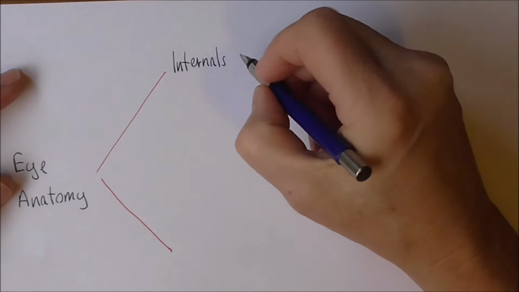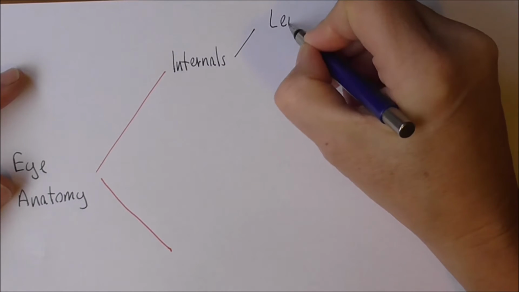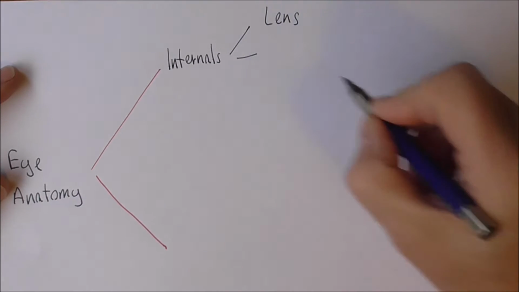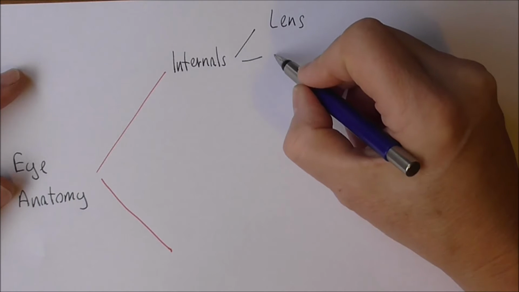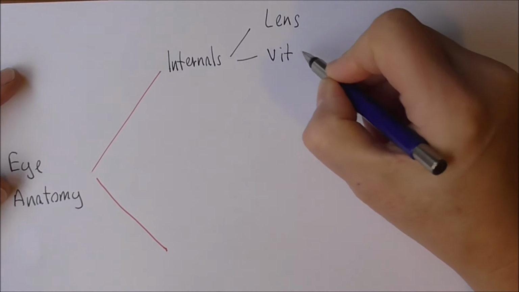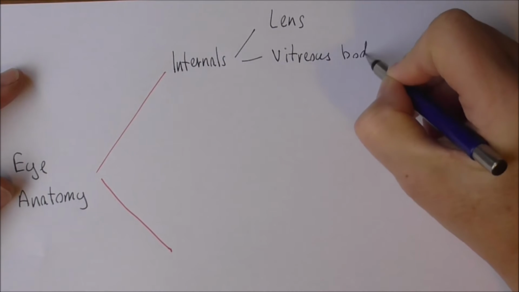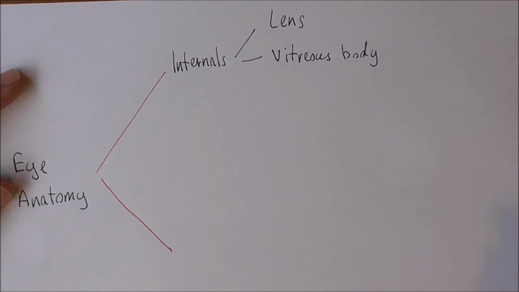Well, we know about the lens to facilitate accommodation. And then behind that we have the large vitreous body. The large vitreous body in that area we called the postremal chamber.